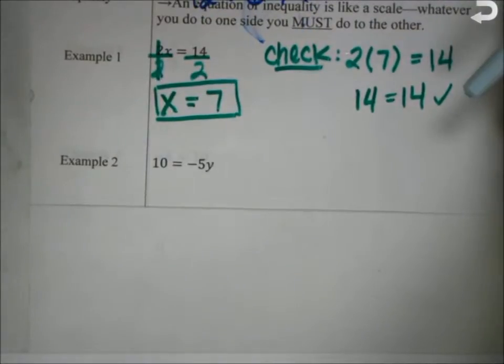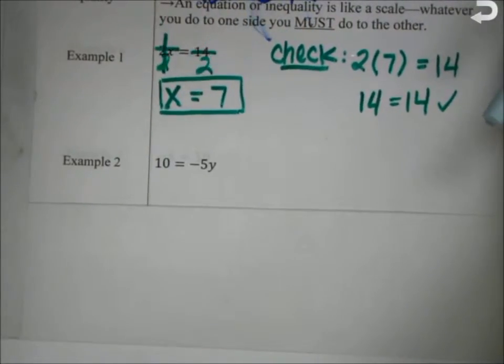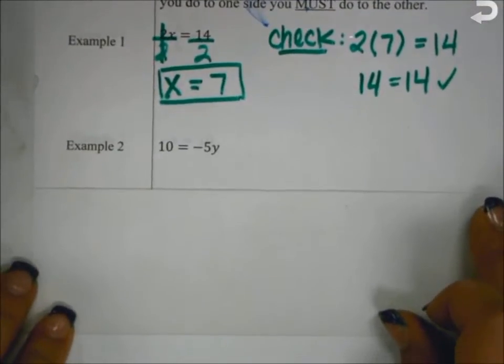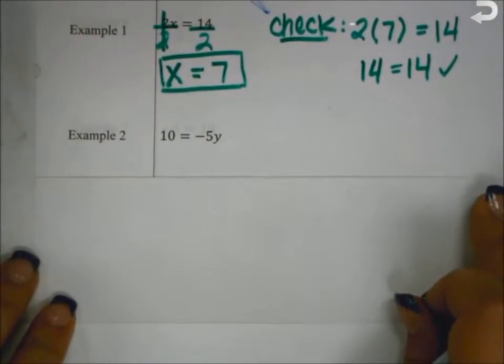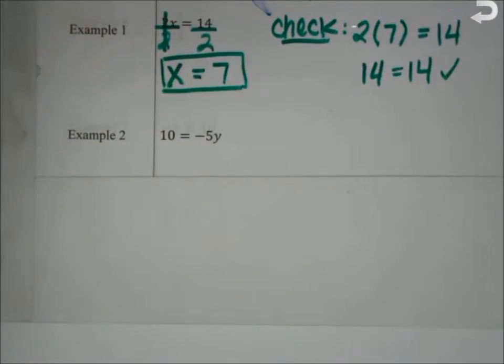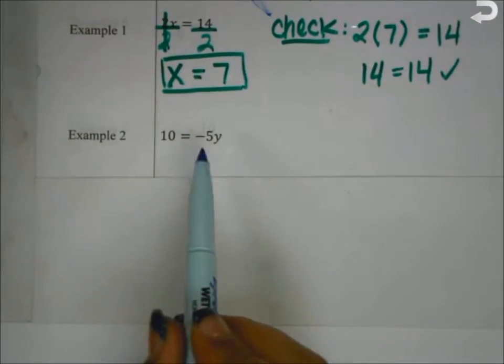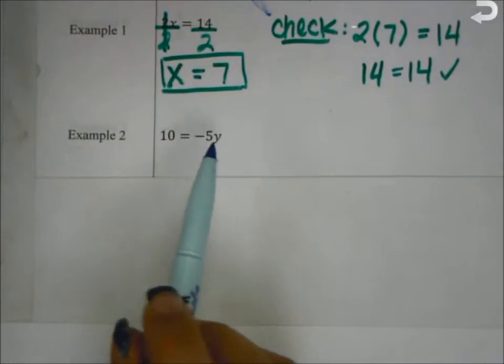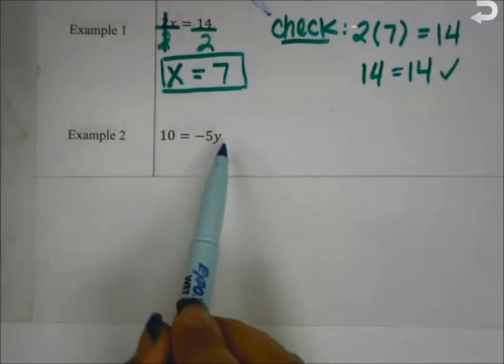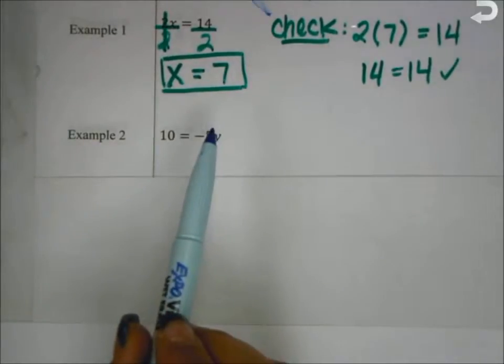Example 2. 10 equals negative 5y. Alright, in this case, the variable is on the right-hand side of the equation. Is that okay? Yeah. So we have negative 5y. What operation is that? It's still multiplication.